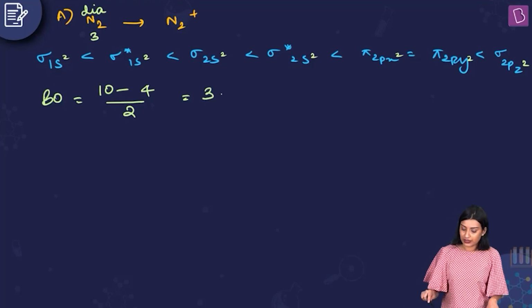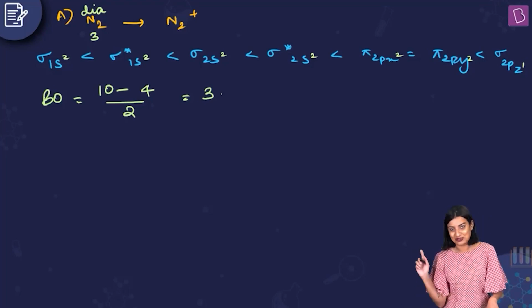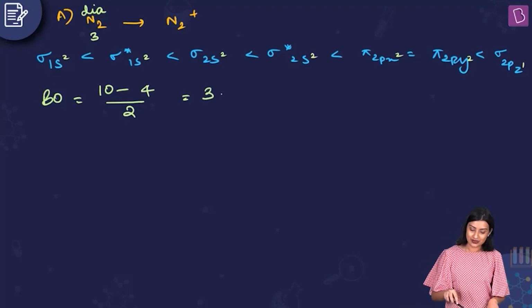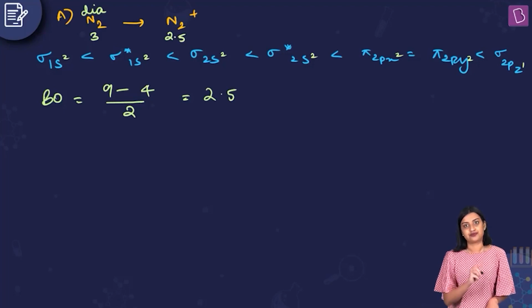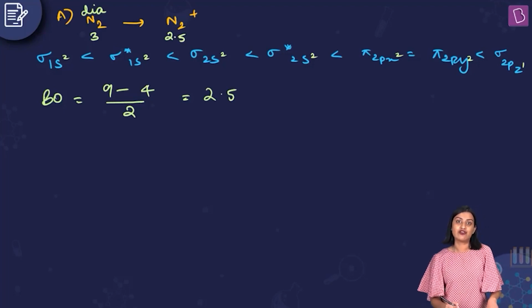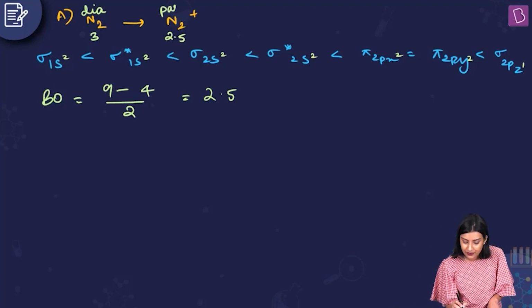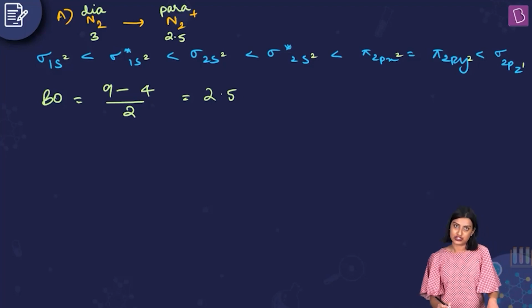Now let's talk about N2 plus. So here remove 1 electron from the outermost shell. What happens here? You will have 9 minus 4 divided by 2, which means your bond order will come out to be 2.5. So here the bond order is changing to 2.5, and there's a change in magnetic behavior because now you have 1 unpaired electron in your sigma 2pz, and because of that you have a paramagnetic species.